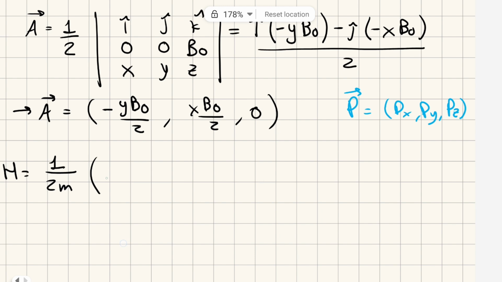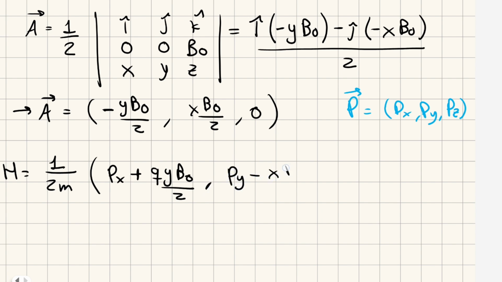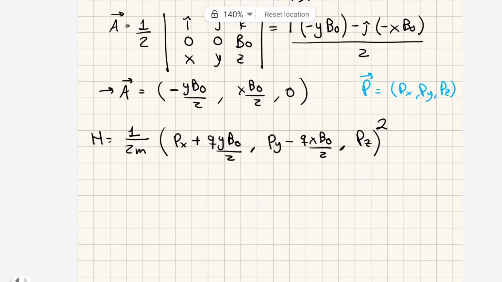So we will get px minus, actually plus, because it's minus times this minus will be a plus, qyB0 divided by 2, and then py minus qxB0 divided by 2, and then we will have here only the pz element, and then this vector we need to raise to the second power.